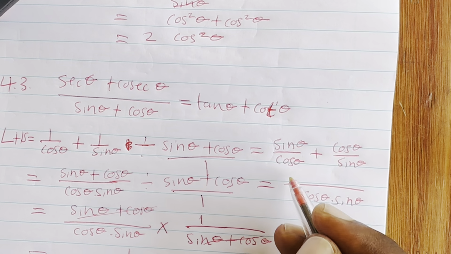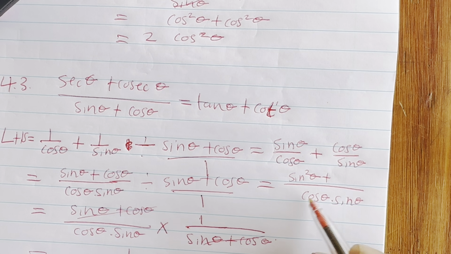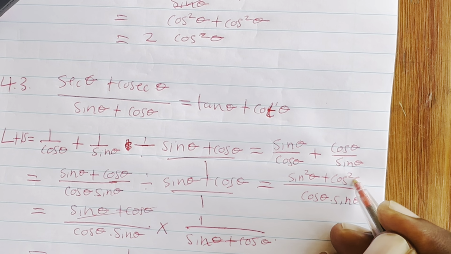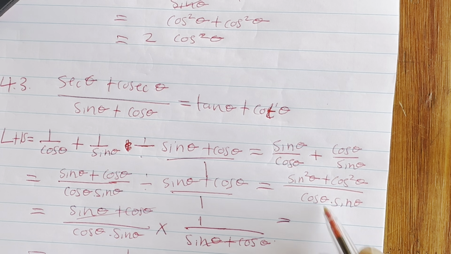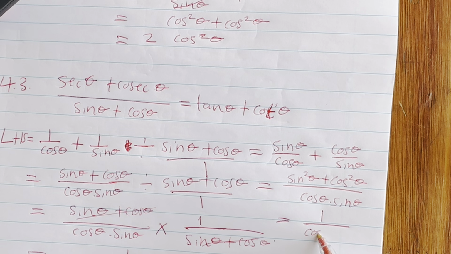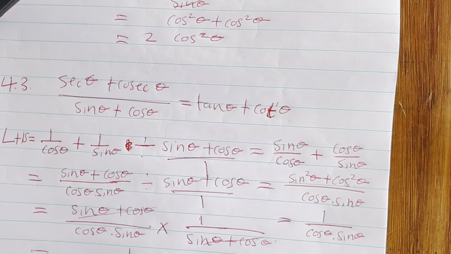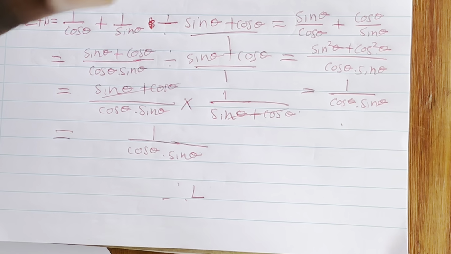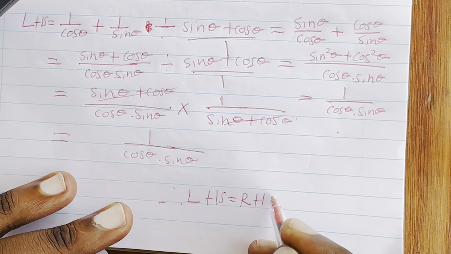Then sine multiplied by sine will be sine squared theta plus, sine and sine will divide each other, left with cos multiplied by cos, which is cos squared theta. Sine squared theta plus cos squared theta is 1, divided by cos of theta multiplied by sine of theta there. Therefore, the left hand side is equal to the right hand side.